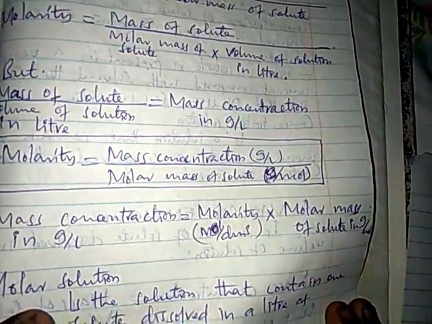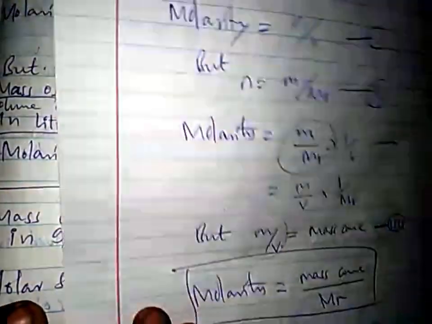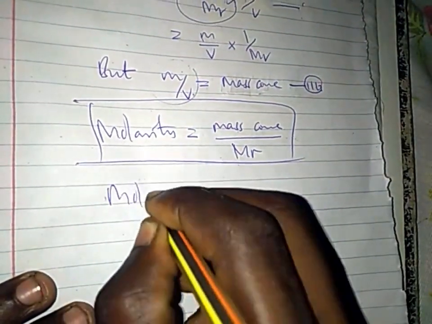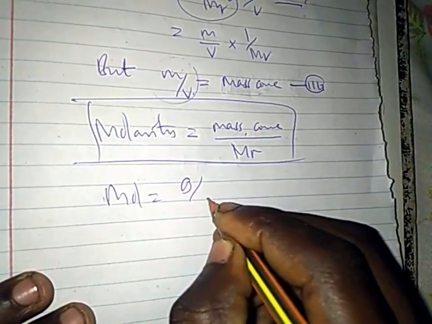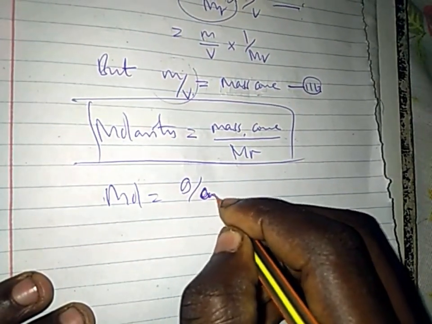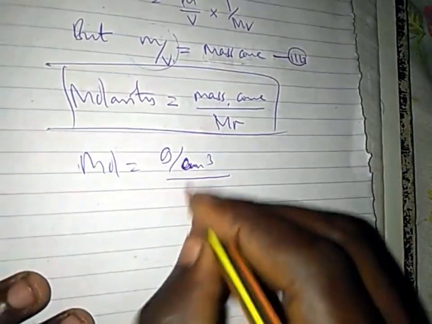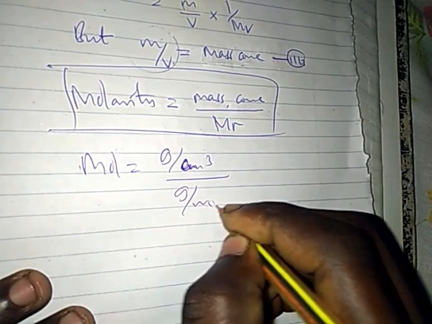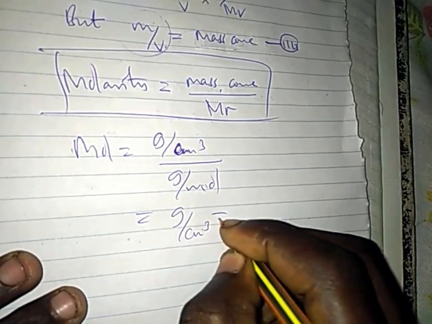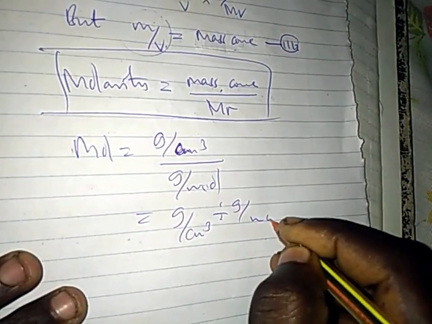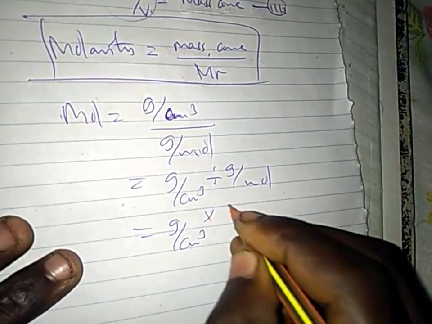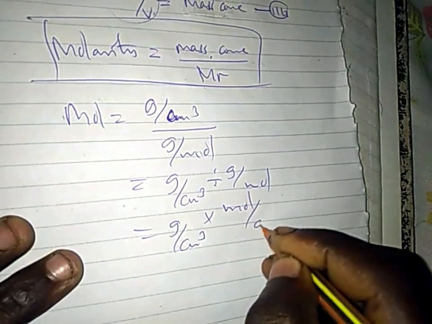And if we want to derive the SI unit from here, we can say that molarity would be equal to mass concentration, which is gram per dm cube, divided by molar mass, which is gram per mole. So it is gram per dm cube times mole per gram.